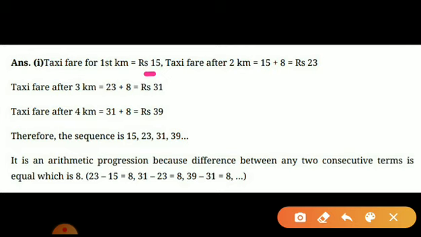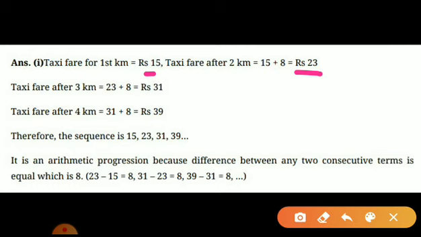After that it will change to 15 plus 8, that is 23. After the 3rd kilometer one has to pay 23 plus 8. Again, after 4 kilometers, we have to pay 31 plus 8, that is 39.